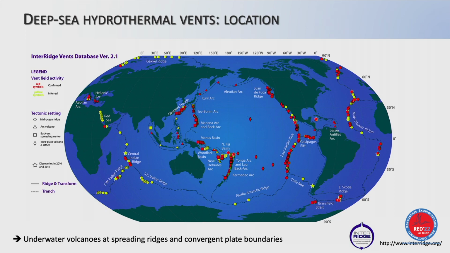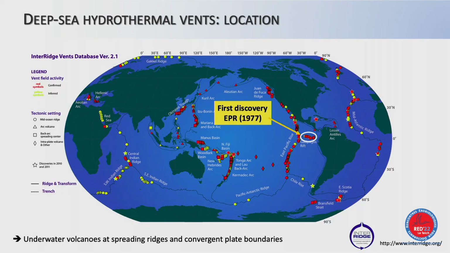I'd also like to talk about the Mid-Cayman Rise, which is the deepest hydrothermal vent known so far, at 5,000 meters depth. You see here that all the circles are older discoveries of deep sea vents, and the stars are really recent discoveries, and we are still looking for deep sea vents because we don't know the ocean floor very well.